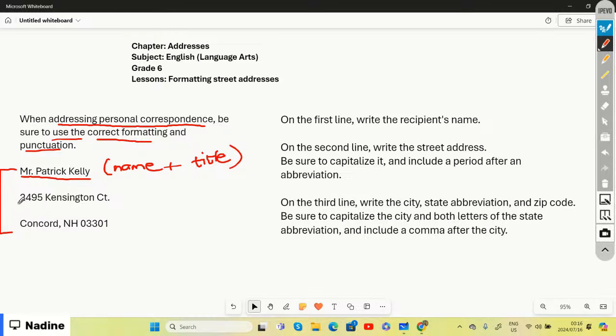Then we're going to write your house number, which is going to be 2495 or whatever the house number is. Then you write your street name, for example Kensington CT.